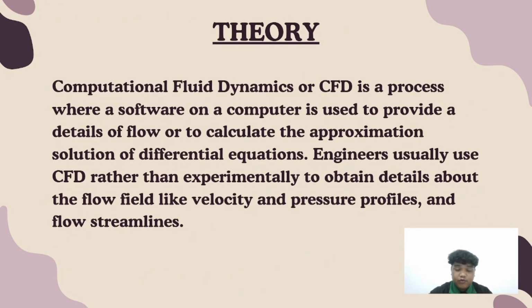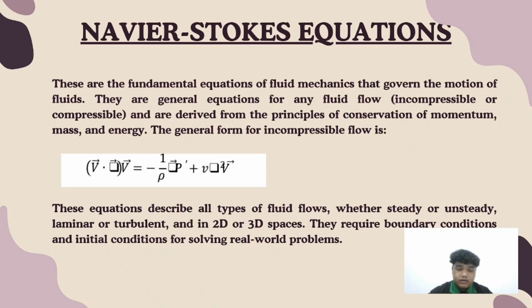The CFD software can be used to generate the velocity profile and the y distance versus velocity u graph, which can be used further to find the boundary layer thickness. This is one of the equations or theories that the CFD software uses to calculate the properties during the simulation, which is the Navier-Stokes theorem.